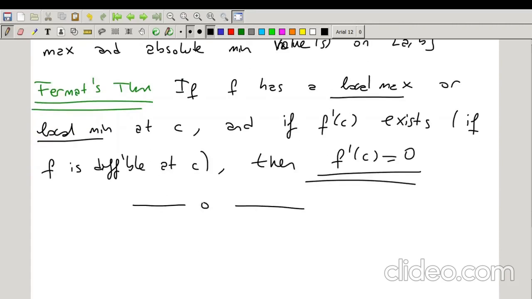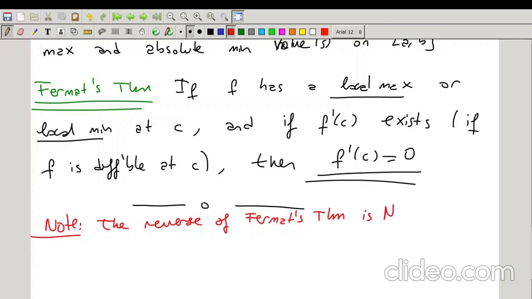Let me check if I have any example for this simple fact. Maybe we can have a note before the example. The reverse of Fermat's theorem is not always true.